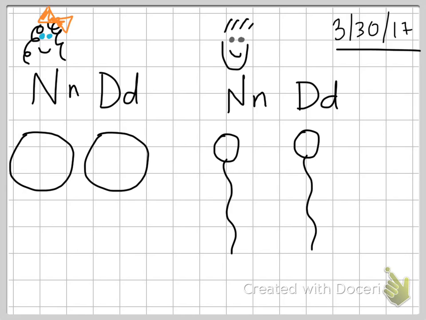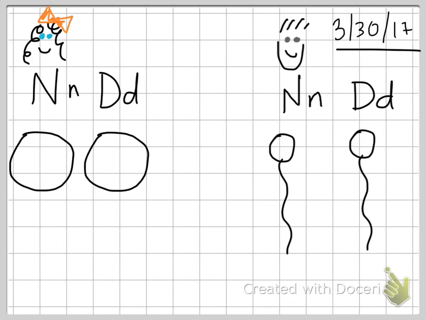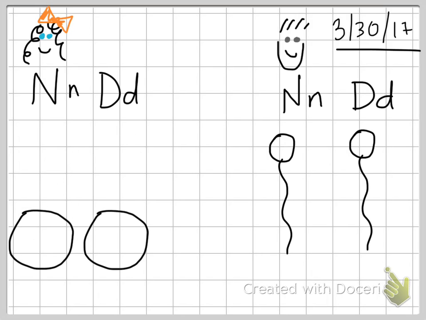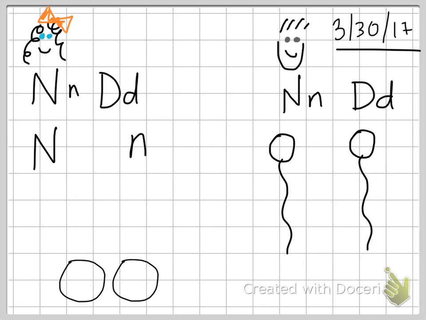So if mom is heterozygous for both traits, every time that she produces an egg, there is a chance that that egg will get a big N, or there is a chance that that egg will get a little n. Right? Yeah, we just said that. We know. So every egg that gets a big N could either get a big D or a little d.